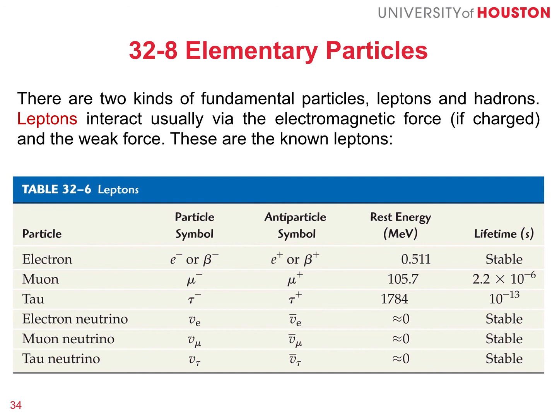Here we show the symbols, the mass, and the lifetime of the particle. By lifetime, it turns out that the muons and taus, if they're produced, will only last a particular time until they decay into something else.